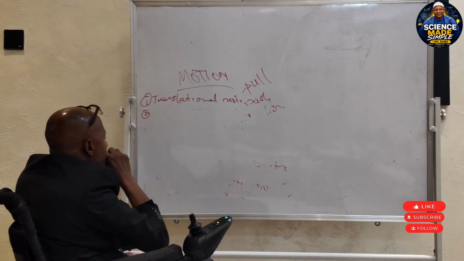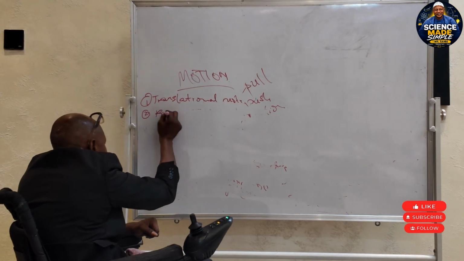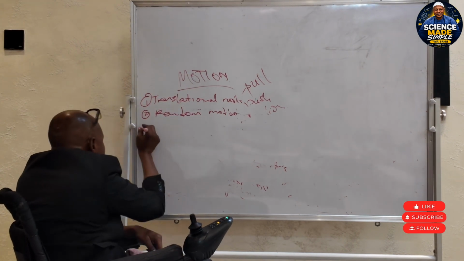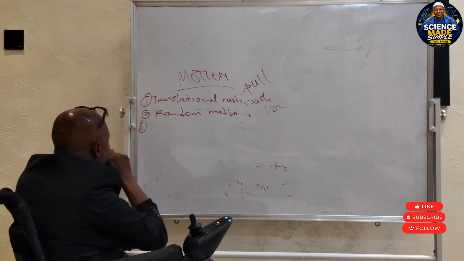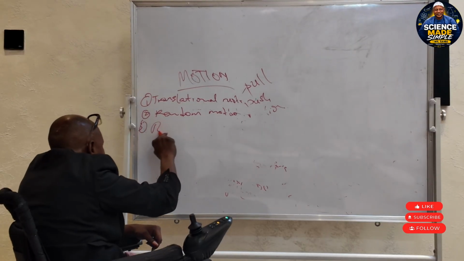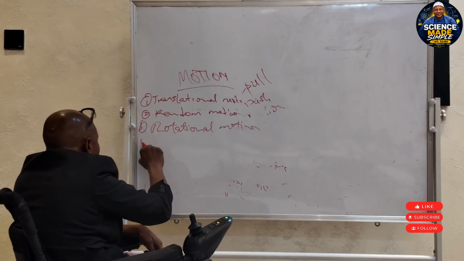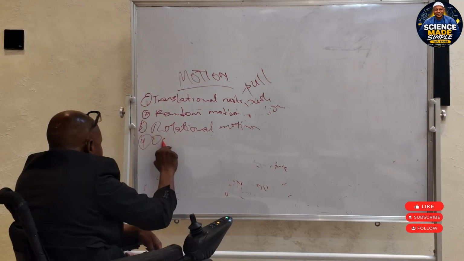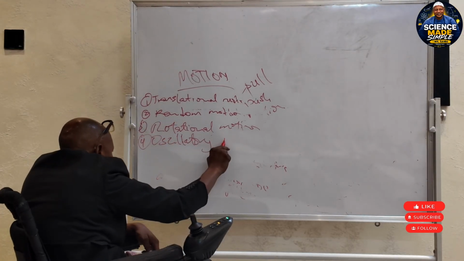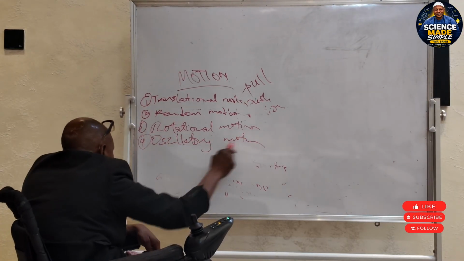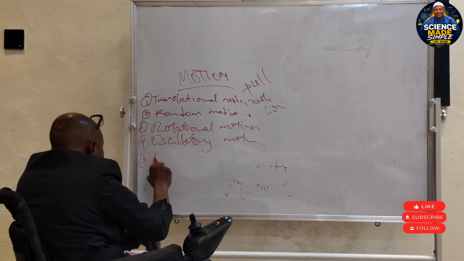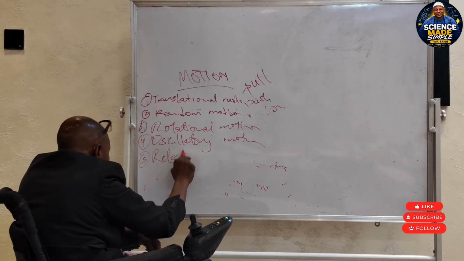Two, random motion. Three, rotational motion. Four, oscillatory motion. And we also have relative motion.